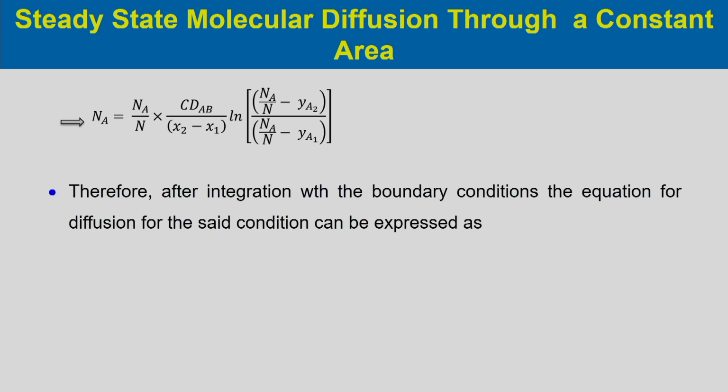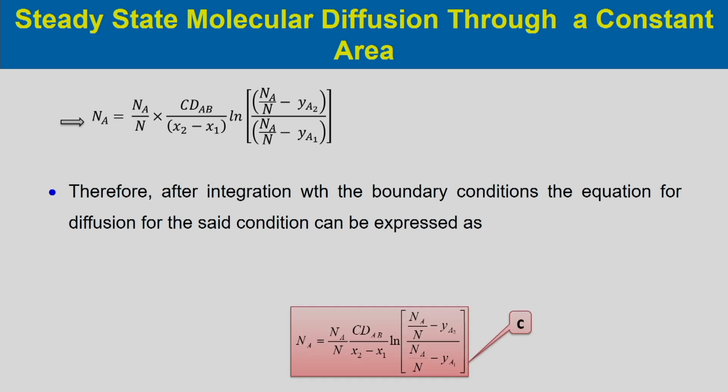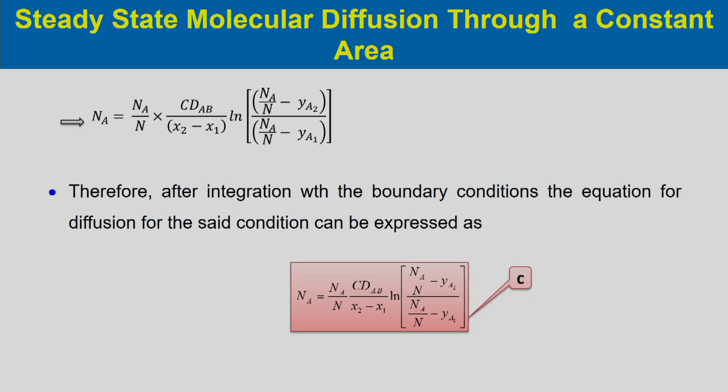Therefore, after integration with the boundary conditions, the equation for diffusion for the set conditions can be expressed as this relation: NA is equal to NA by N into C DAB by (x2 minus x1) ln of (NA by N minus yA2) divided by (NA by N minus yA1).